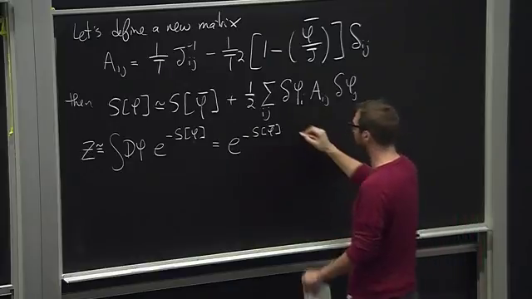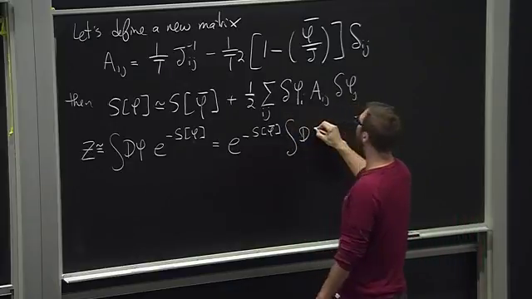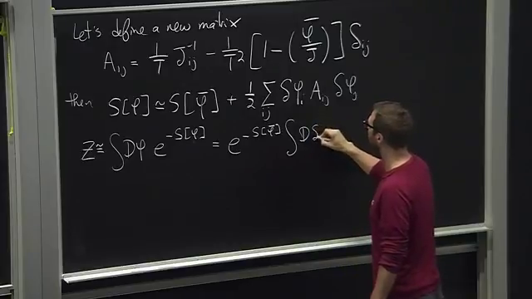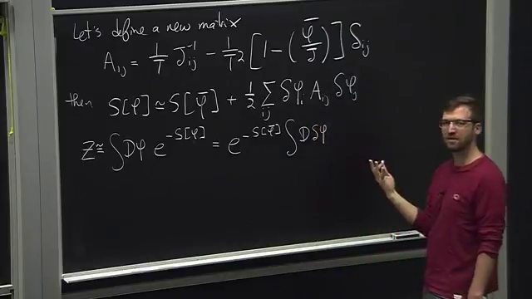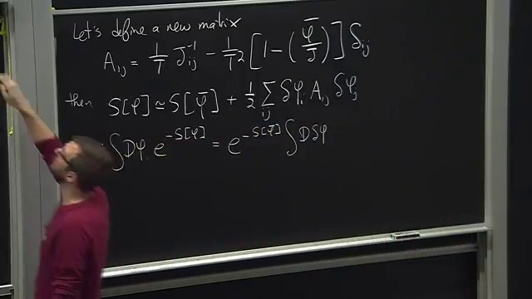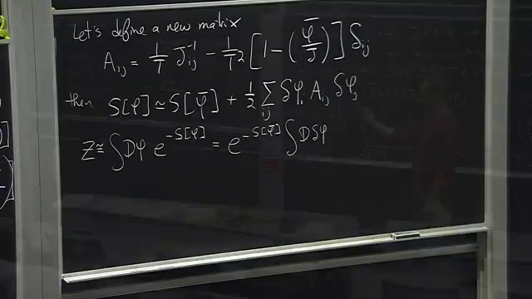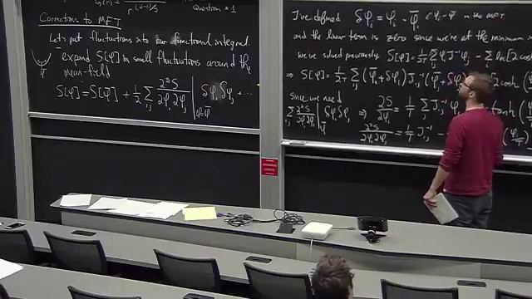And then the functional integral, I can write it as d delta phi, because all of the additional pieces that affect the Jacobian are going to be these mean field values, which are just the constant values.